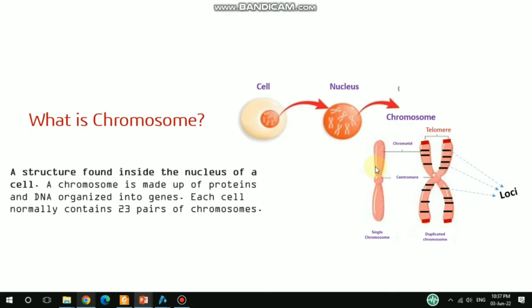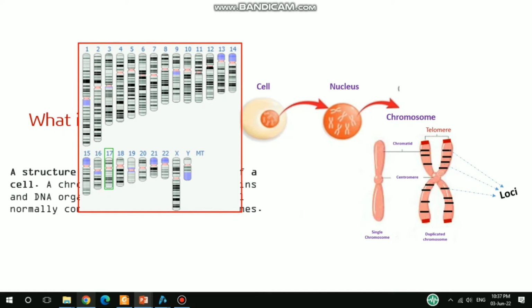Particular genes are present in these loci. Basically, the main function of the chromosome is that the DNA is very organized by the chromosome. So these are the 23 pairs of chromosomes found in the human, including the X and Y chromosomes.